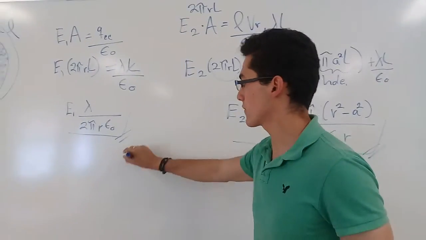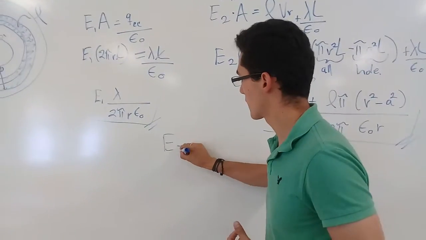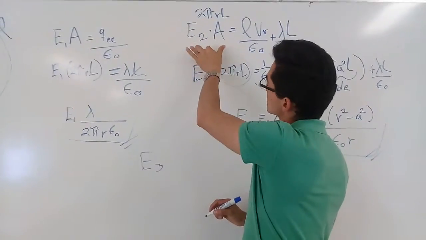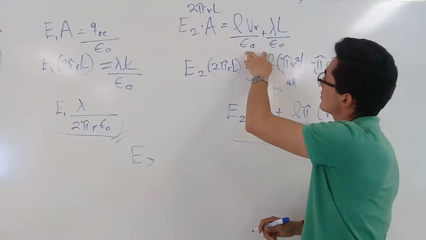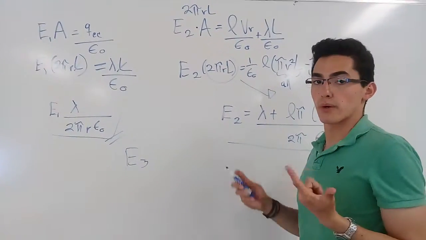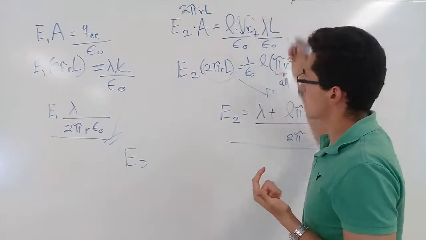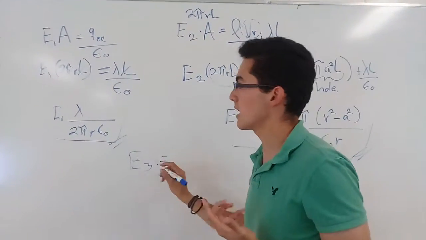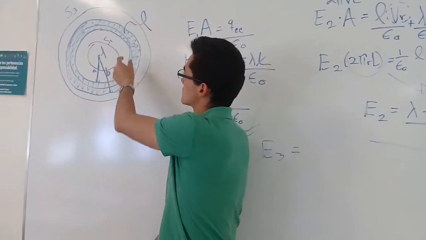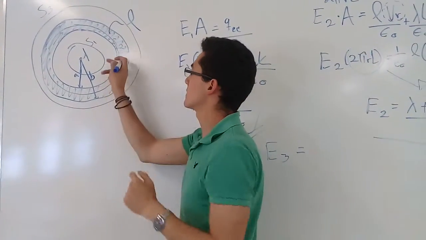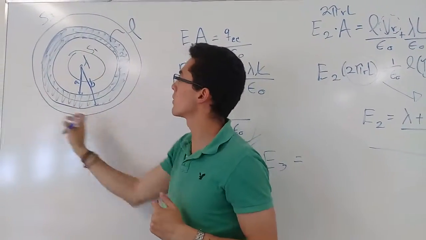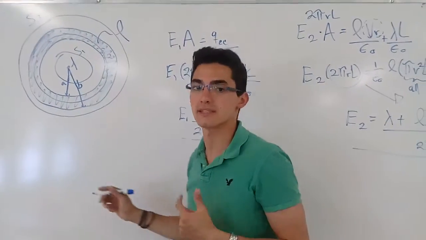And for our third electric field, we will use exactly this same part and this same part, but our volume will change. Why? Because we are not just only using till this part of the cylinder, we are considering all the cylinder itself.